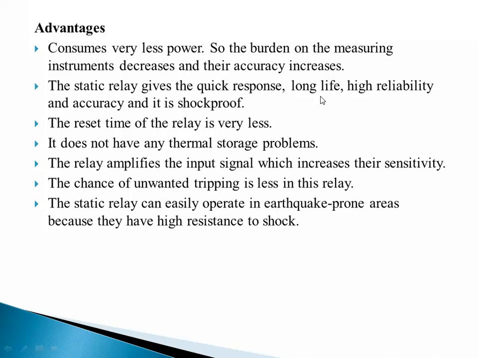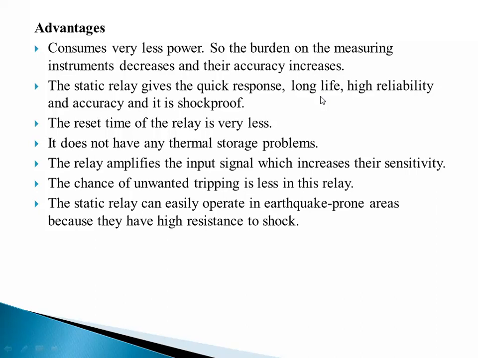The chance of unwanted tripping is less in this relay. When we are using electromechanical relays, if there are more than two circuit breakers in the same zone, then at the same time two circuit breakers operate there.